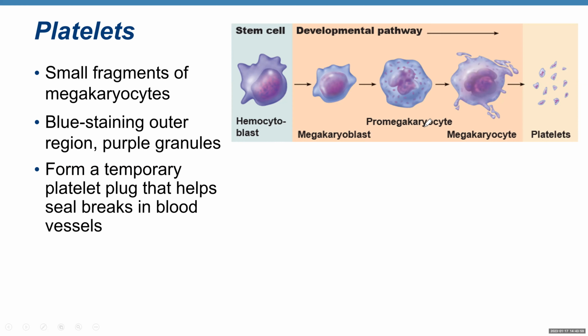Then a promegakaryocyte, then we have this megakaryocyte, and you see those little fragments that break off of this huge cell, they form platelets. And platelets are important in hemostasis, or stopping bleeding, because they form a platelet plug that seals this breakage in blood vessels.